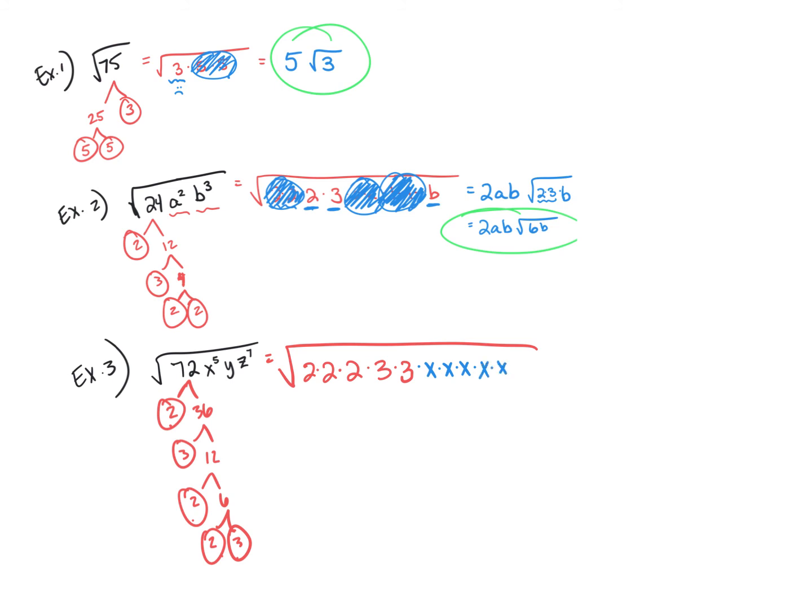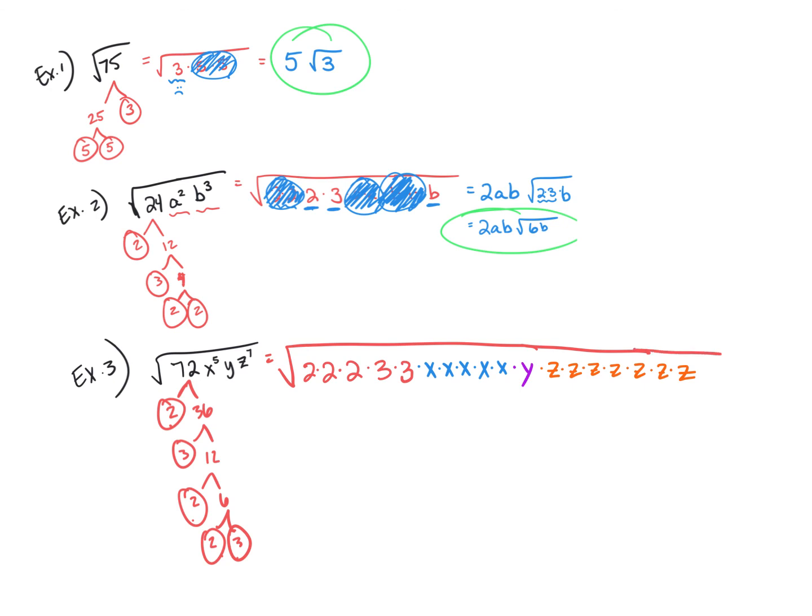Oh, no. I got a y. And I've got z's. I got 7 z's. Gross. 1, 2, 3, 4, 5, 6, 7 z's.